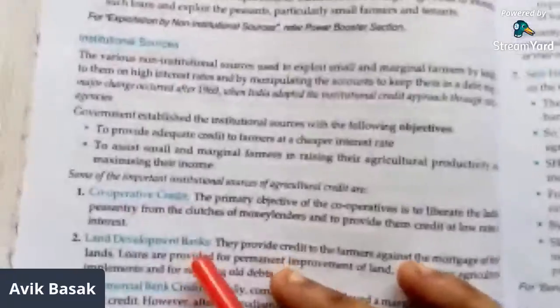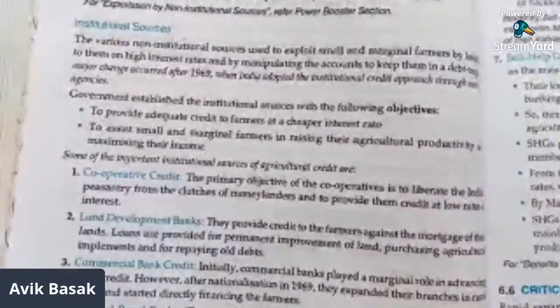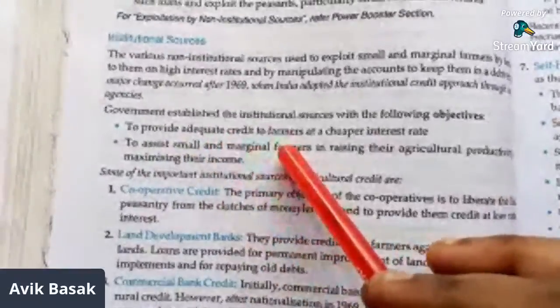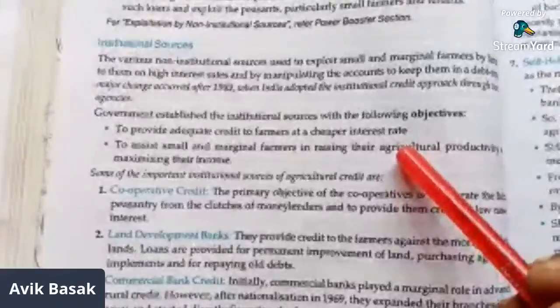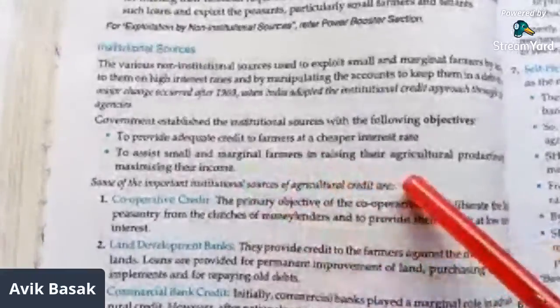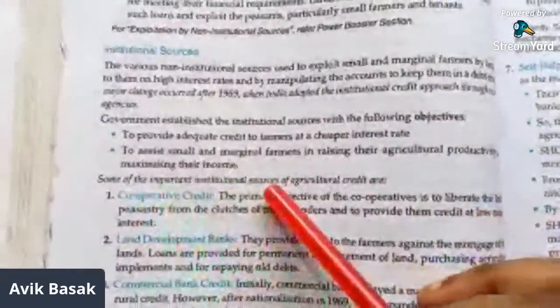Okay, now what is the advantage or the objective of the government? Institutional sources are the government sources, which have the tag of government, to provide adequate credit to farmers at a cheaper interest rate. Now the government will provide loans at a very cheap interest rate. Okay, good. To assist small and marginal farmers in raising their agricultural productivity and maximizing their income.